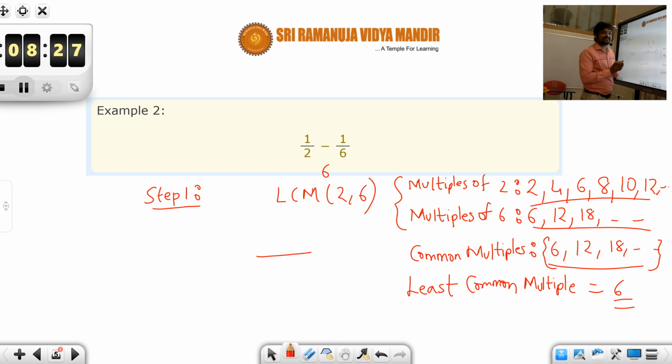So you need to multiply the numerator and denominator with 3, so that the denominator turns into the LCM. Since you are multiplying by the same factor in the numerator and the denominator, that would be an equivalent fraction. We are not changing the fraction or its value.